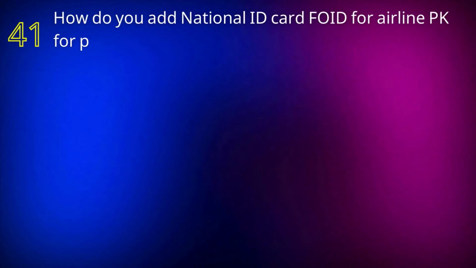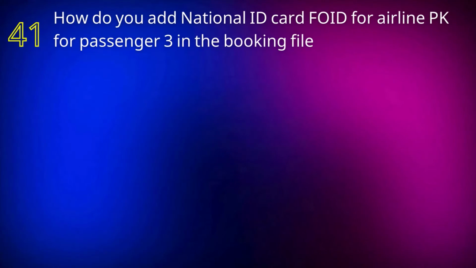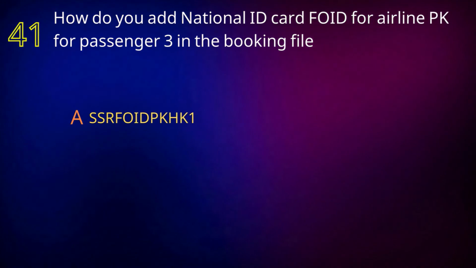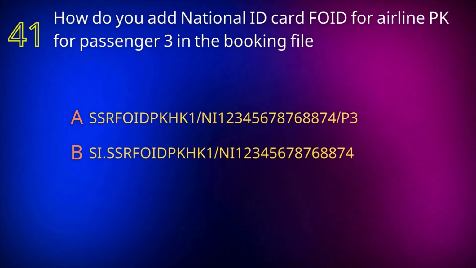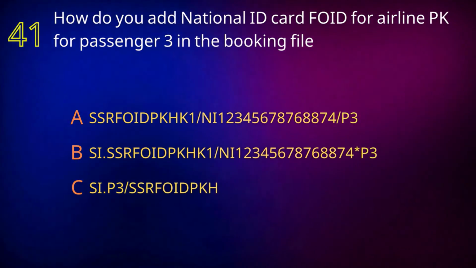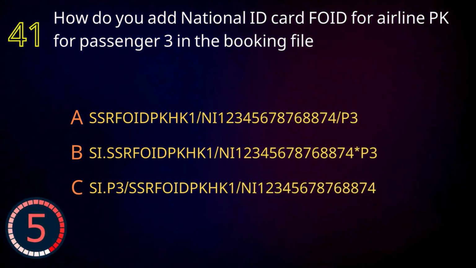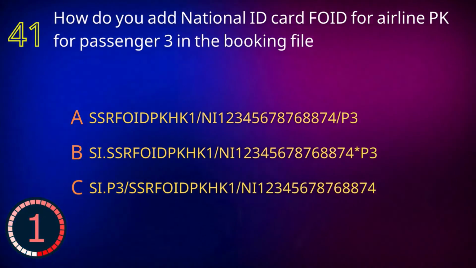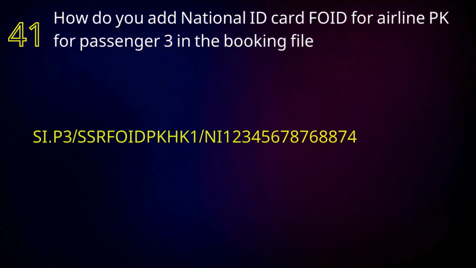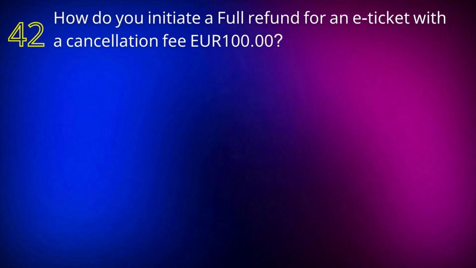How do you add national ID FOID for airline PIA, passenger 3 in the booking file? How do you initiate a full refund for an e-ticket with a cancellation fee €100?